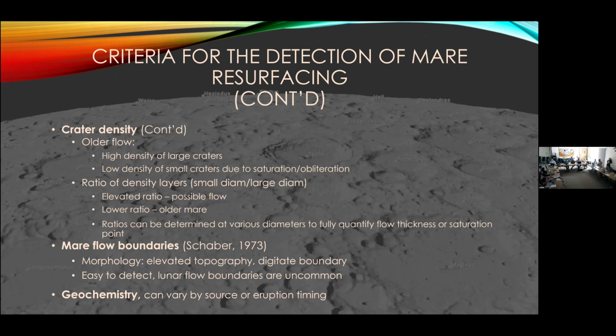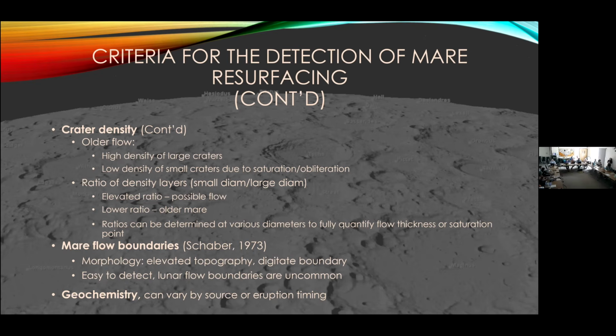Anyway, you can see this is going on into the crater density analysis, but then also at the end, I add some of the obvious ways to detect a flow. Going back to Shaver 73, you can see a flow boundary. That's kind of nice, but pretty rare. So morphology can tell the story.